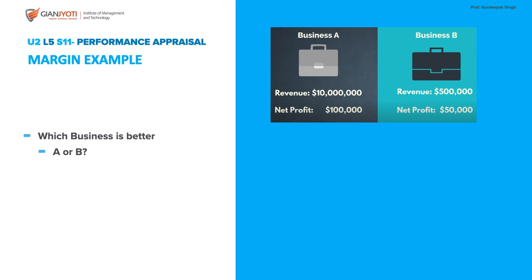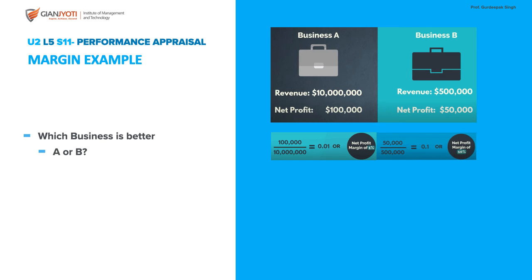For business B, the revenue is 500,000, which is 5 lakhs, and the net profit is 50,000. So if I want to calculate the net profit margin, it is 1 lakh divided by 1 crore, 100,000 divided by 10 million, which gives me 1% net profit margin.